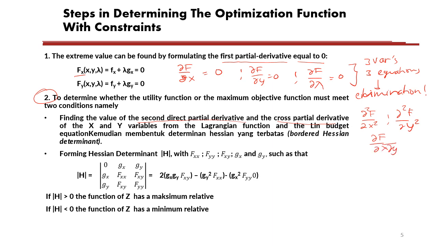So this is fxx, this one. Then fyy, the second derivative with respect to y, and also we have gx, gy. This is the constraint, subject to, or the constraints.